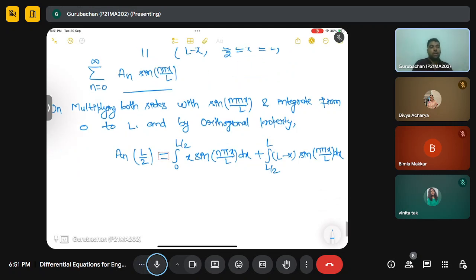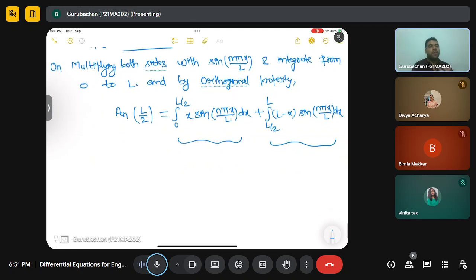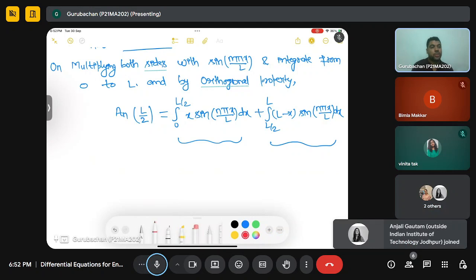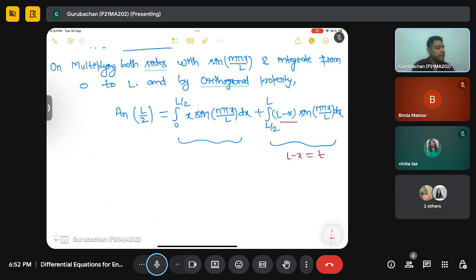Okay, so one way is to integrate both the terms, both the integrals, put their values here, and then conclude your answers. Another smarter way, which will be helpful in other questions also, is to do a substitution: we substitute L minus x to be t. From here, dx will be minus dt, and x will be L minus t.